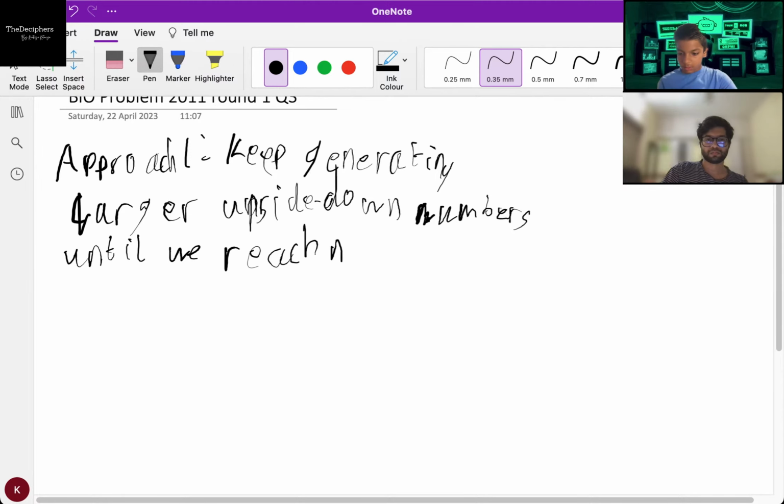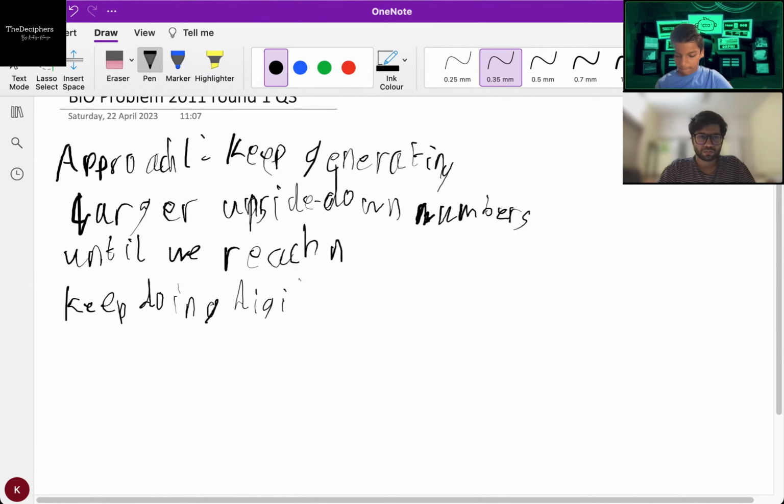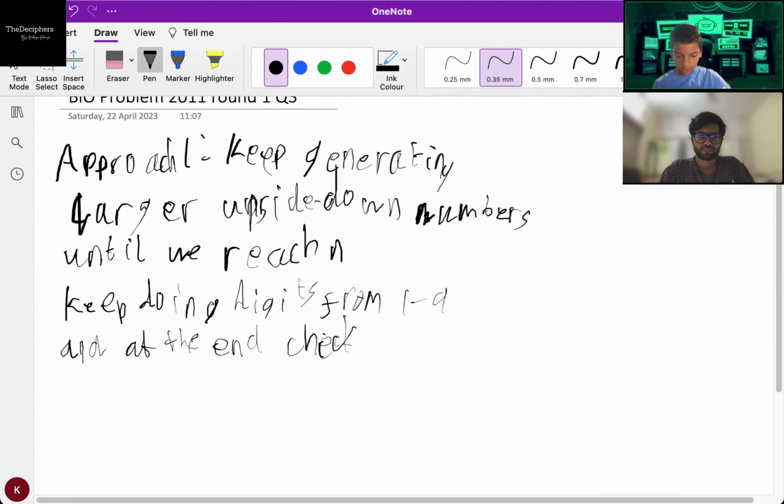So just keep doing digits from 1 to 9, and at the end check if it is upside down.